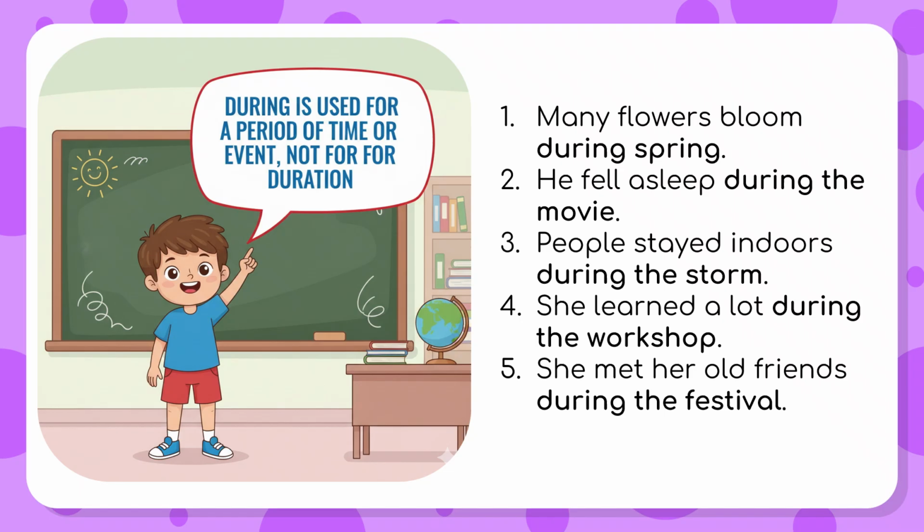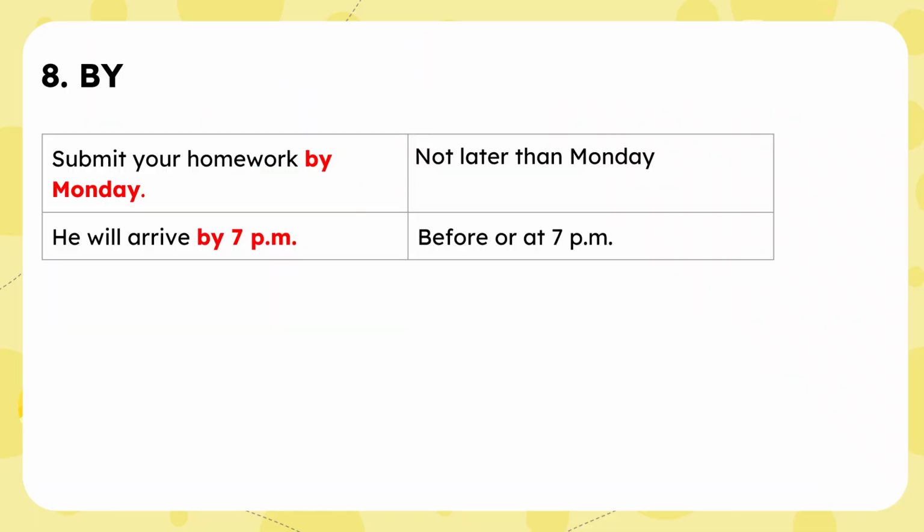So during is what? A period of time or event. Some period of time has been given, and in that particular period of time you have completed your activity or you are doing your activity. You will use during for these sentences.